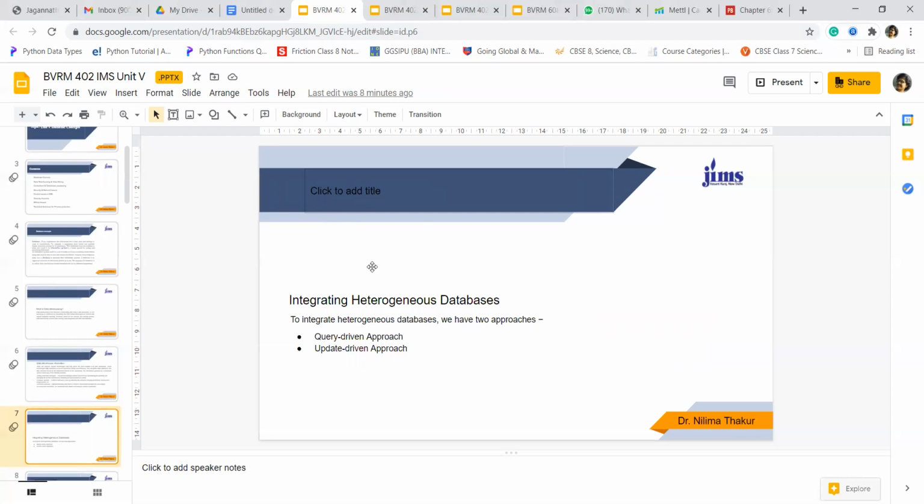We can integrate data from many sources, and integrate heterogeneous databases with two approaches: query driven approach and update driven approach.